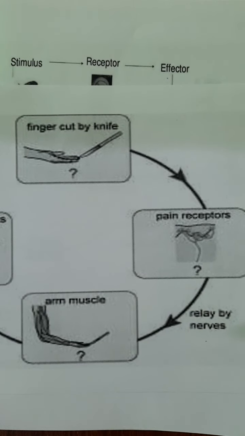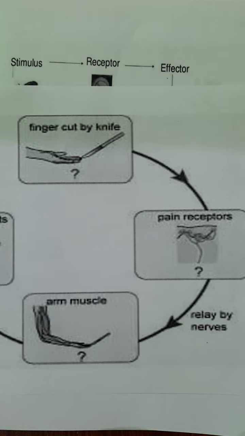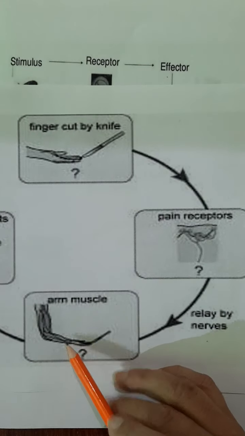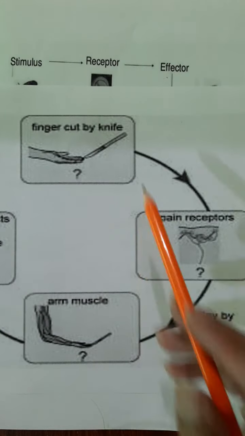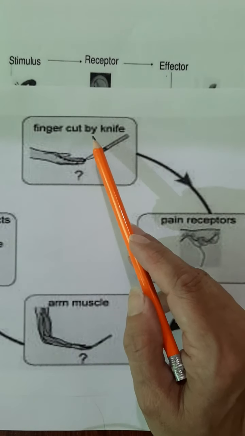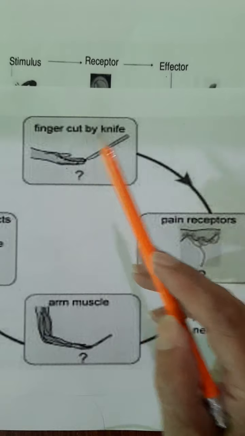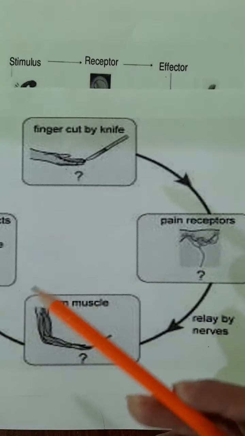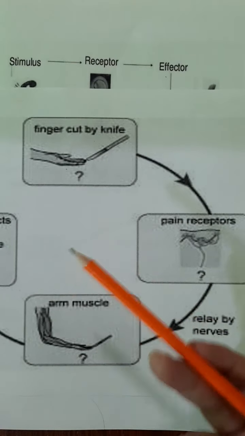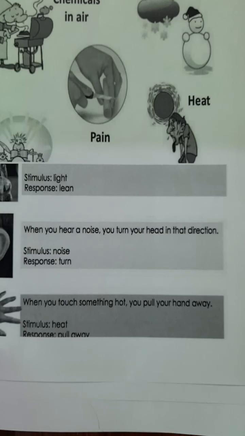The brain will order the effectors, that are the muscles of your hand, to withdraw the hand from the knife. So cutting your finger with the knife, you got the stimulus, and in the response you withdraw your hand, and this is the reaction, and obviously it is the response.